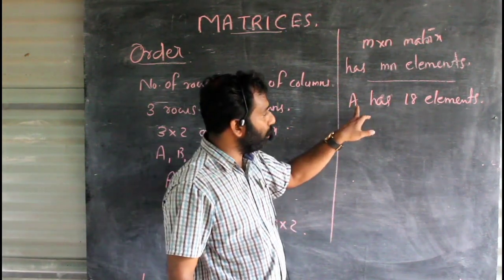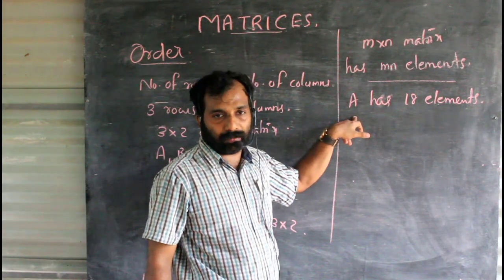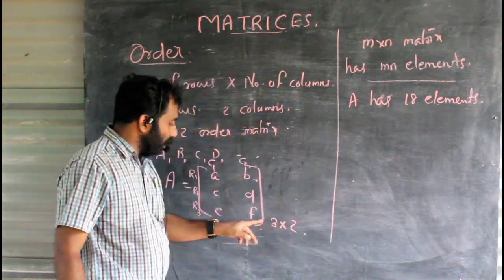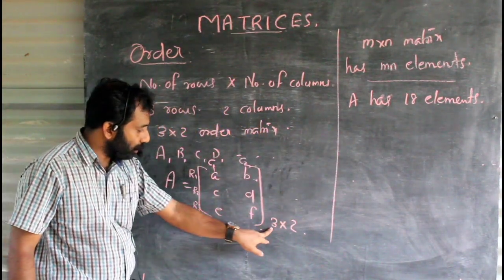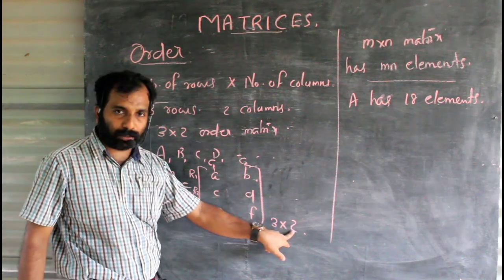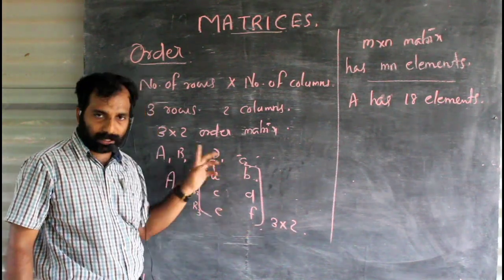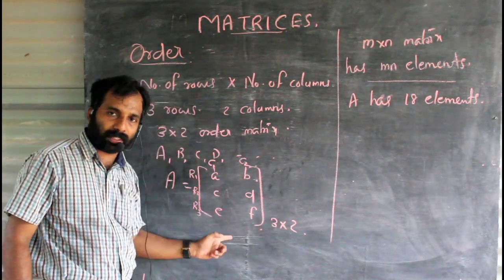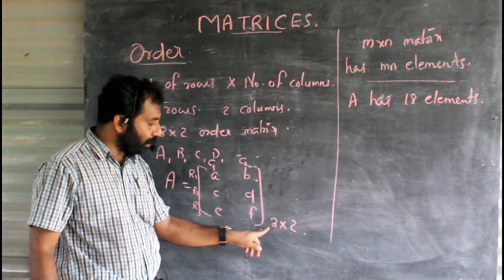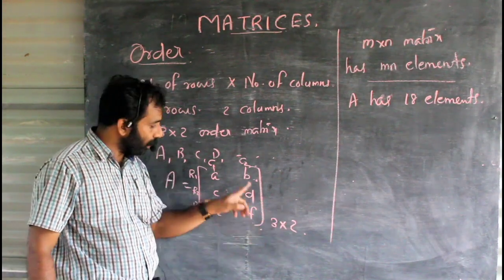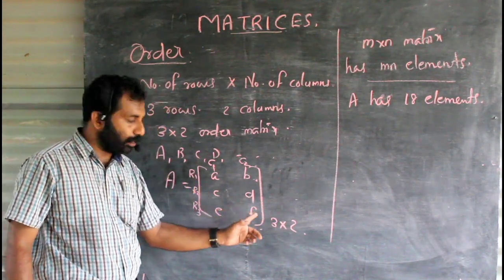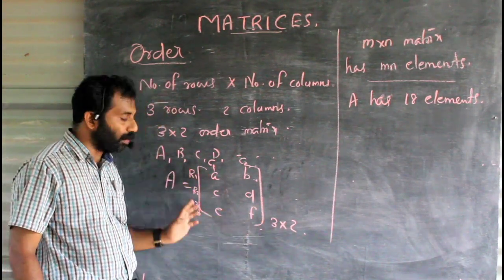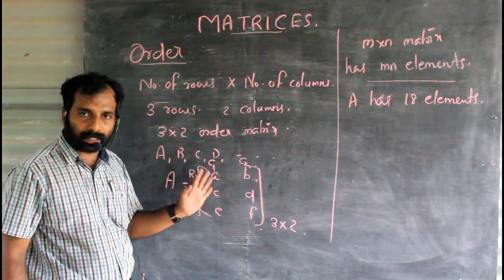We know that if the order of the matrix is 3 by 2, then the number of elements is 6. If it is 2 by 3, then also the number of elements is 6. If it is a 6 by 1 order matrix, the number of elements is 6. If it is 1 by 6, then also the number of elements is 6.